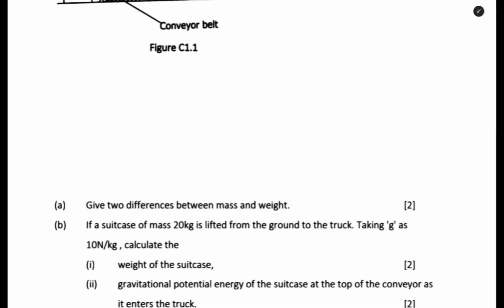The other one is in terms of their instrument of measurement: mass is measured using the beam balance, whereas weight is measured using the spring balance. Also, you can talk of their definition. Mass is a quantity or amount of matter in a substance, whereas weight is a pull of gravity on an object. Those are the differences you give between mass and weight. So pick two from that if you're asked the question.